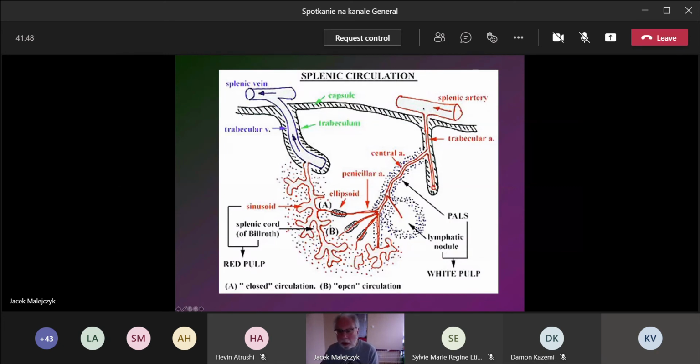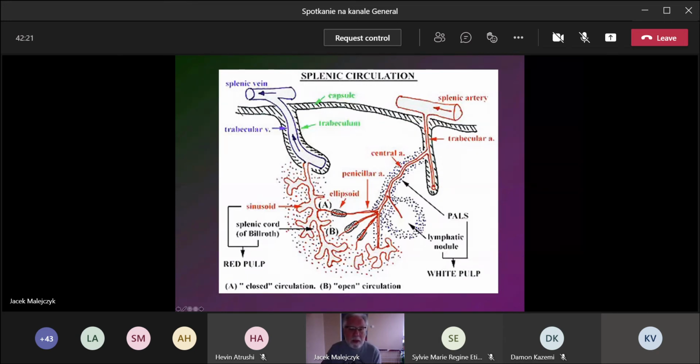This is a short description of how it looks. The spleen is supplied by the splenic artery, which forms branches. It goes inside, forming what is called the central artery, which next divides into smaller, penicillar-like arteries, which next go, and this is a very important thing, to the post-capillary vessels, which we call sinusoids.